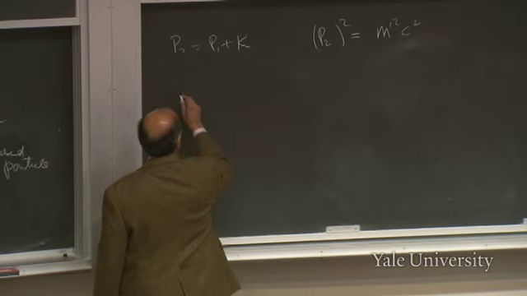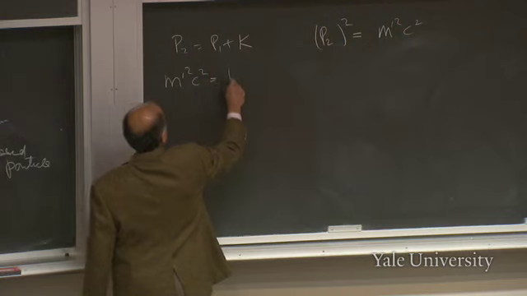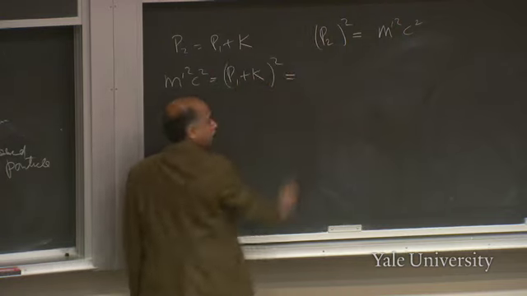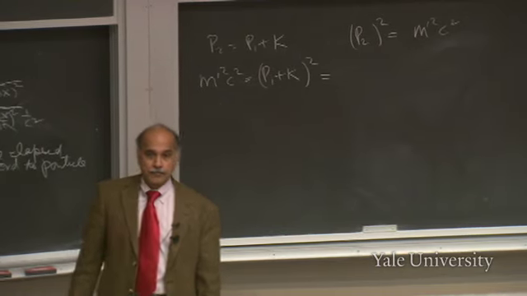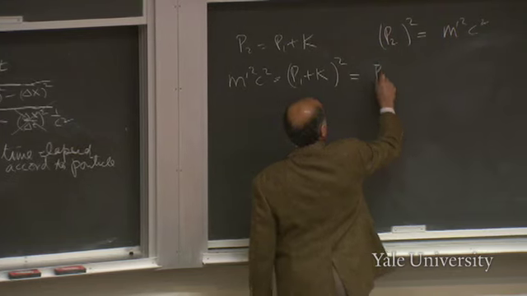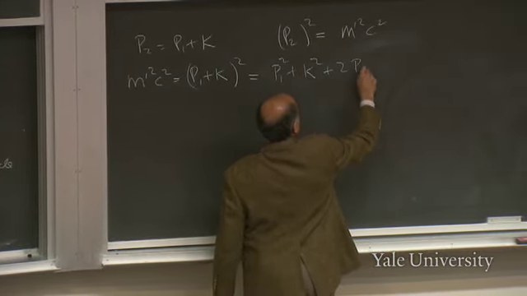So the quantity we're looking for is m prime square c square. That's got to be p1 plus k, the whole thing square. Well, do the old algebra. That's equal to p1 square plus k square plus twice p1 dot k.